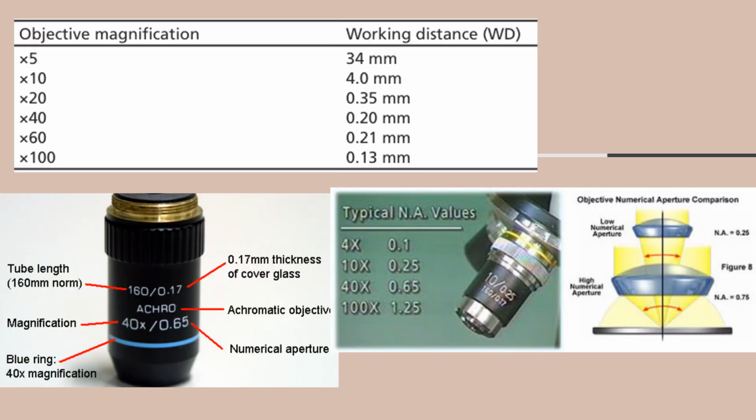Let's take a look at your working distance. If you make use of your 5 times magnification or scanning objective, you have a working distance of 34 mm, which is somewhat far. It's not close. Then 10 times, your low power, at 4 mm, and then your 20 and your 40 at high power, you have 20 mm working distance, which is relatively close.